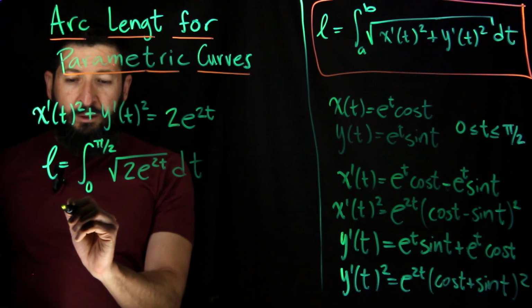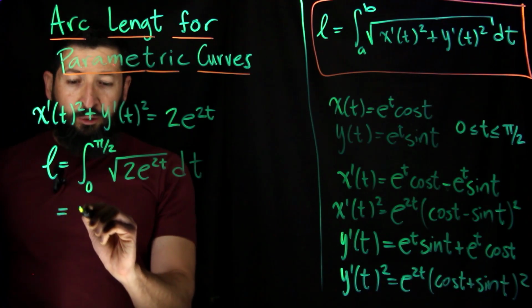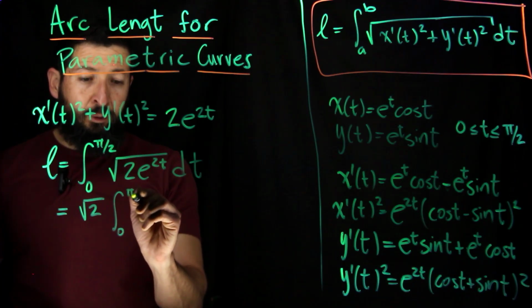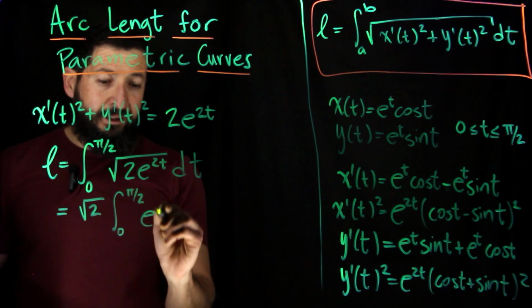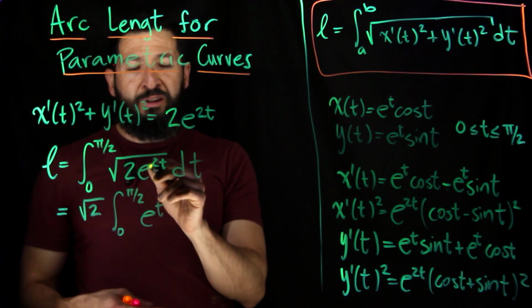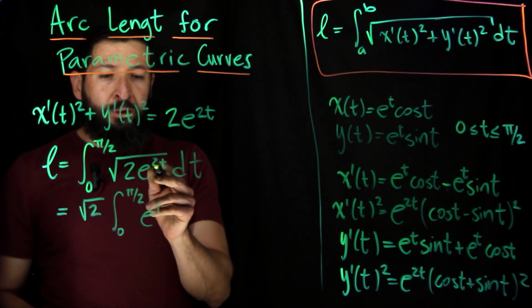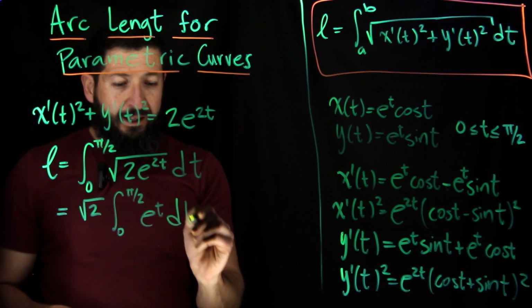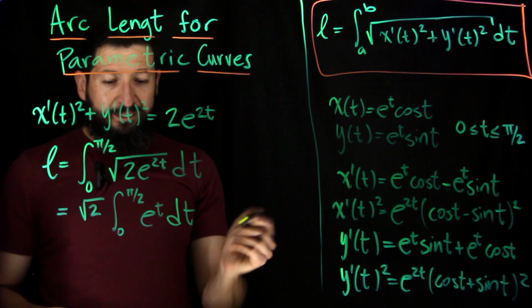So that's going to become just square root of 2. You can pull that out. Integral from 0 to pi over 2 of e to the t, because this e to the 2t, when you raise it to the power of 1/2, is just e to the t squared, and when you take the square root, you end up with e to the t dt. And then e to the t remains the same.